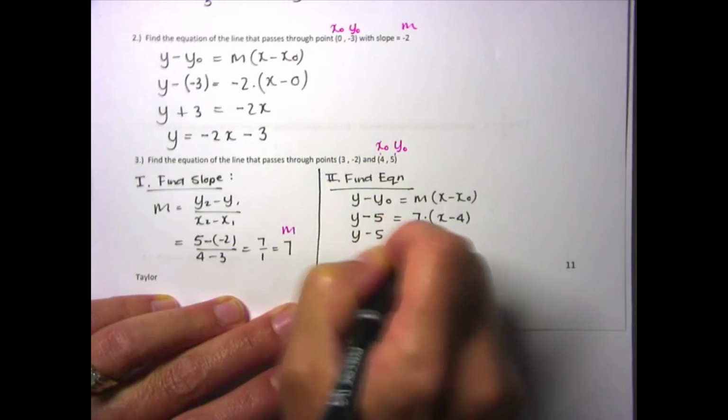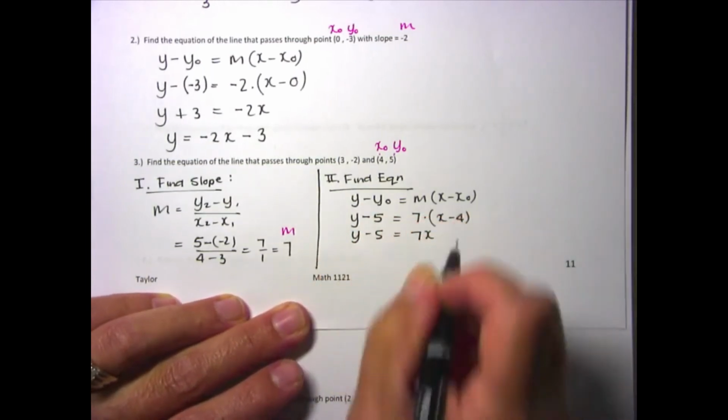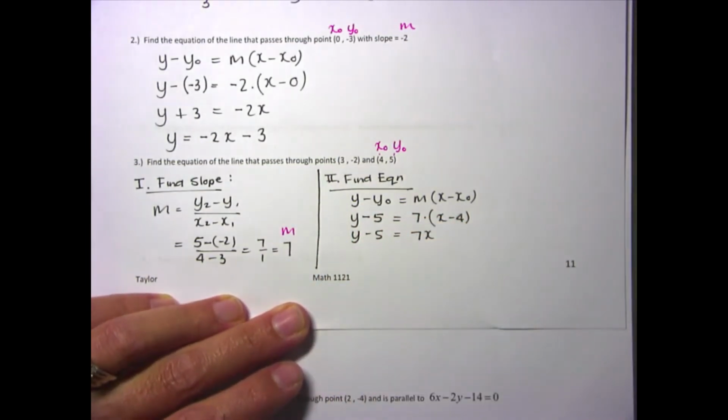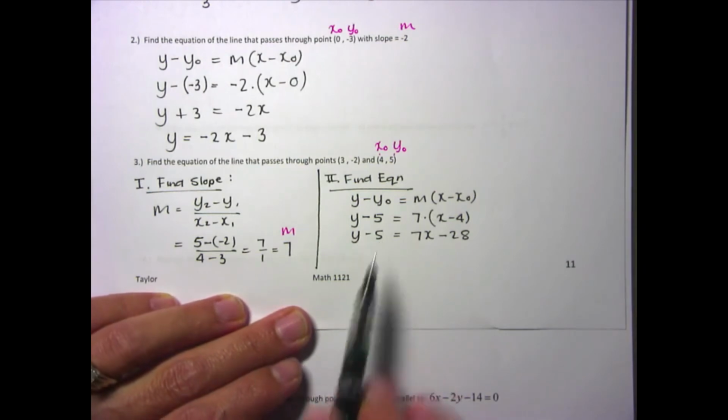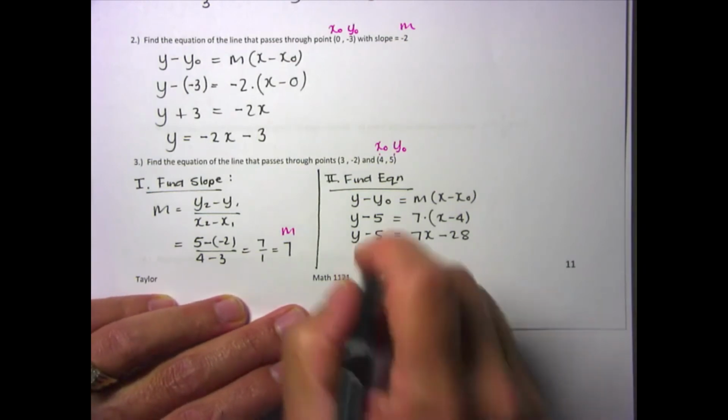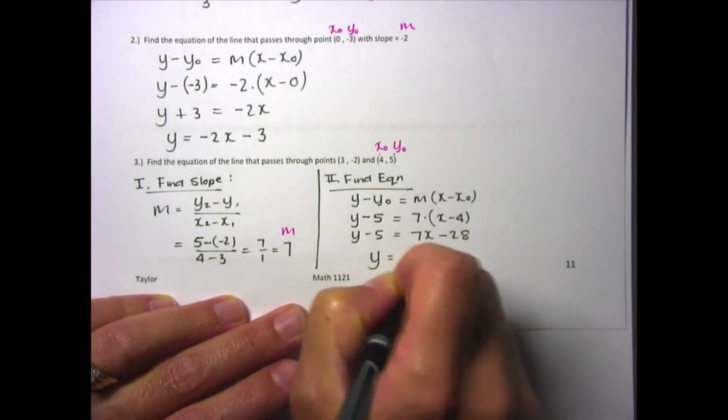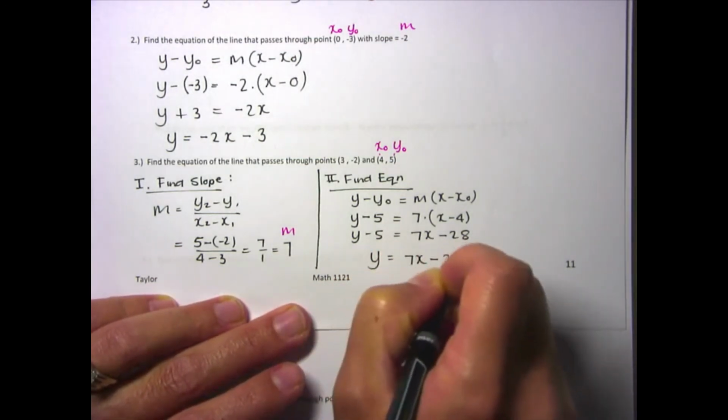So y minus 5 is equal to 7x. Let's see, 7 times negative 4 is equal to negative 28. And then finally, in order to get y by itself, I'm going to add 5 to both sides of the equation. So y is equal to 7x minus 23.